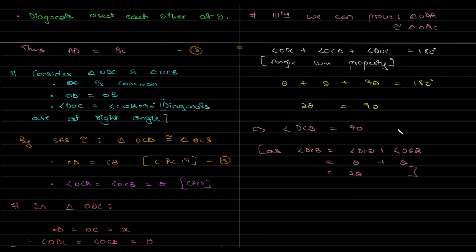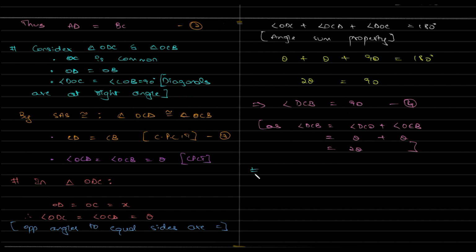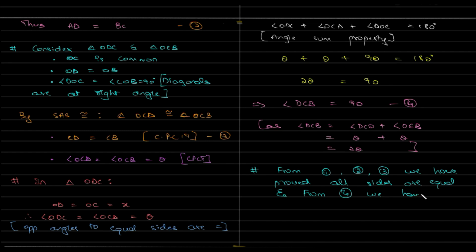So from 1, 2, 3, we have proved all sides are equal, and from 4 we have proved the angle is 90 degree.